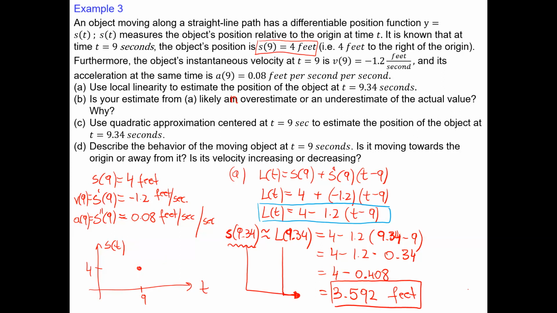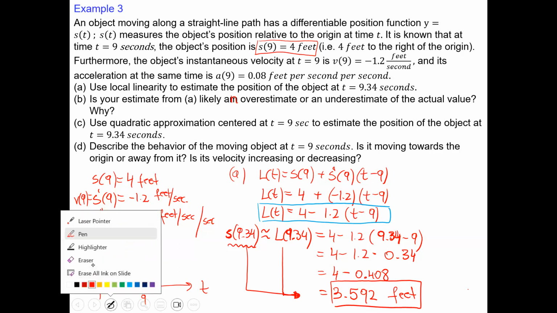But we also know that the first derivative, the velocity, is negative. If the first derivative is negative, the function is decreasing. We also know that the second derivative is positive. If the second derivative is positive, the function is concave up. That means concave up, but decreasing.